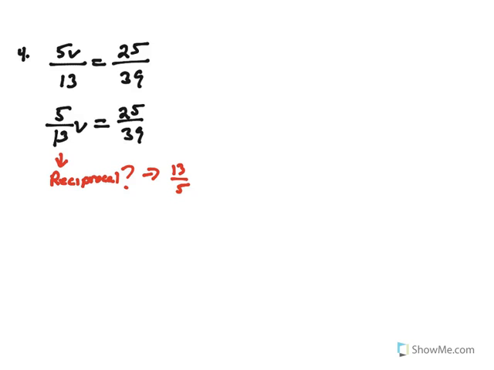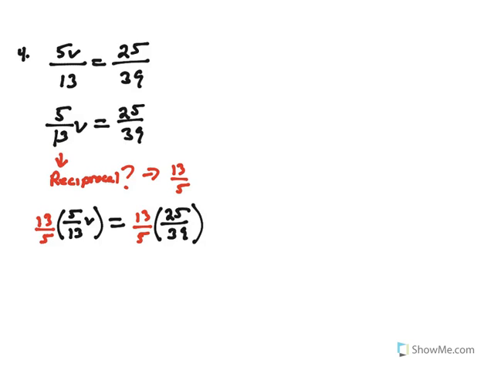So now multiply 13 over 5 on both sides of the equation, because what you do to one side, you have to do to the other, right? All right.